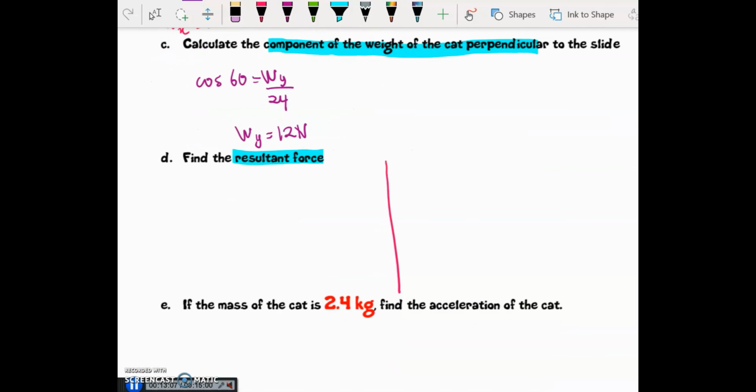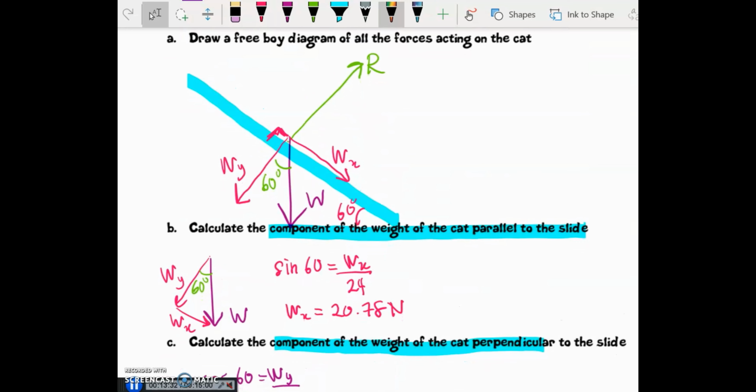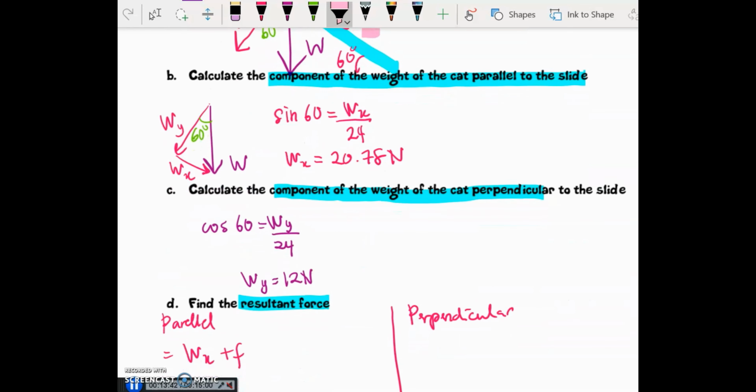So next question. Find the resultant force. Similar to the previous question, we have to split into two. Resultant force of the component perpendicular and parallel. So I think I'm going to do parallel first, and then we are going to do the perpendicular. So for parallel, it is wx plus friction. Okay, see, wx plus friction. But since there is no friction, this is the component parallel, the one I highlight in pink.